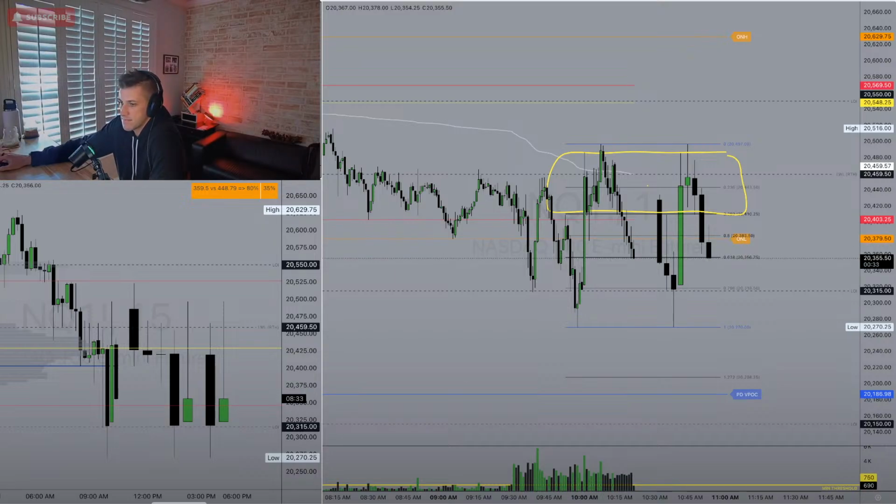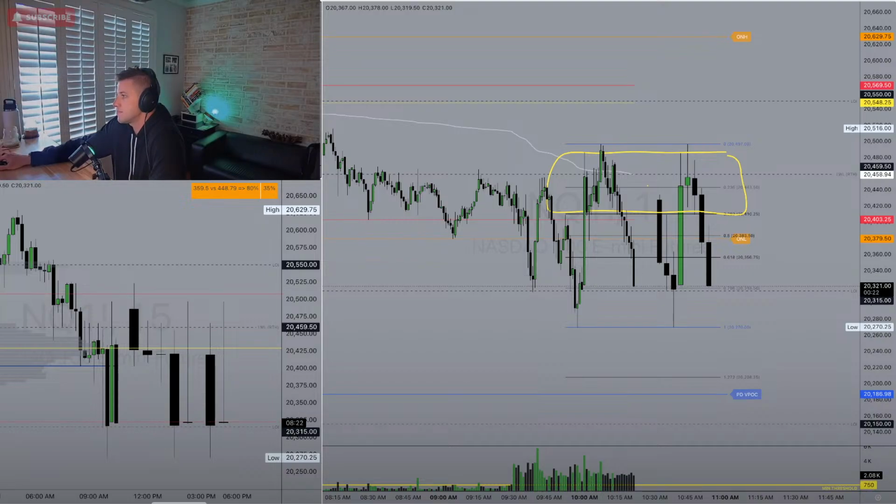All right, here comes 315. So it'll be your second target area if you're still riding that short from VWAP.